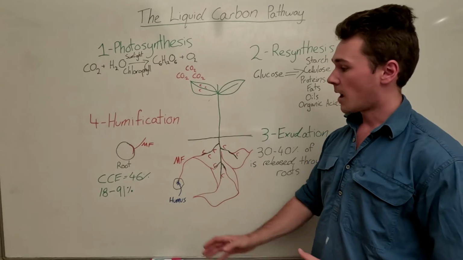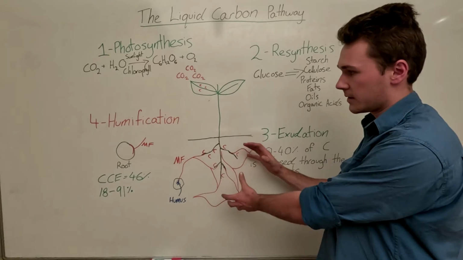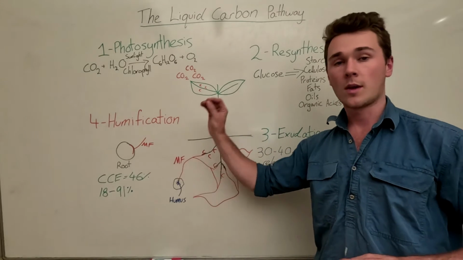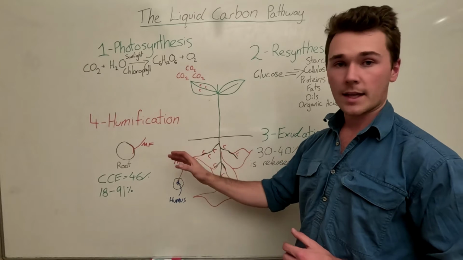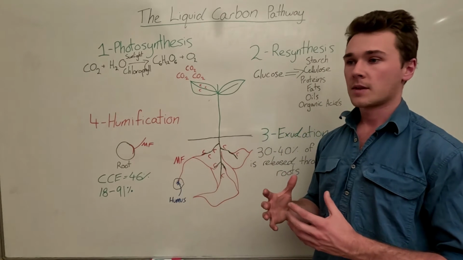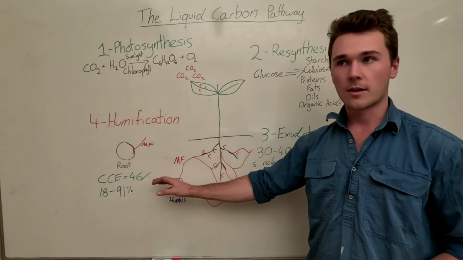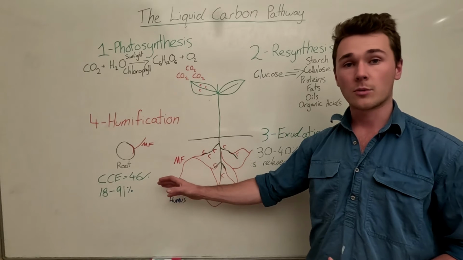Now from this system, about 46% of the root exudates, or the carbon in this system, actually gets pushed into soil organic matter. So that's a very high conversion rate for this system compared to our other one, which was the decomposition pathway, which is about 8%.